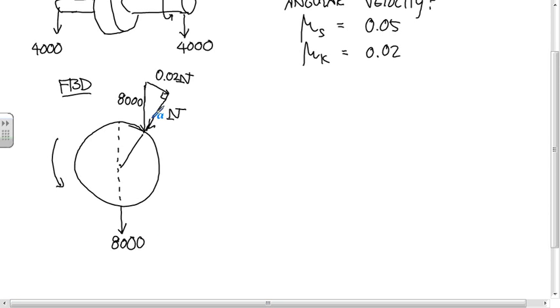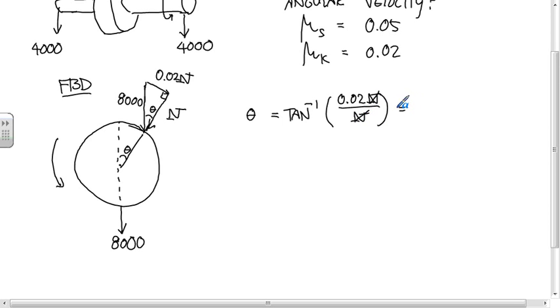Okay, and this angle is the same as this angle. So to come up with theta, theta is equal to the inverse tangent of 0.02 N over N, and the N's cancel.